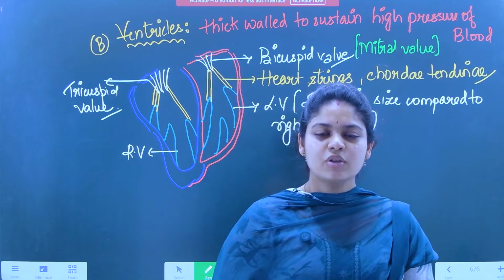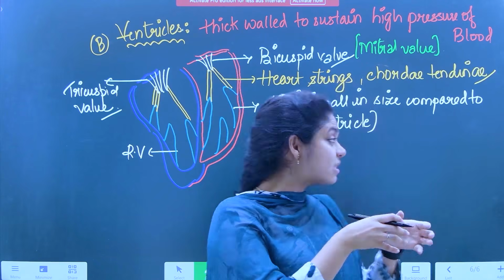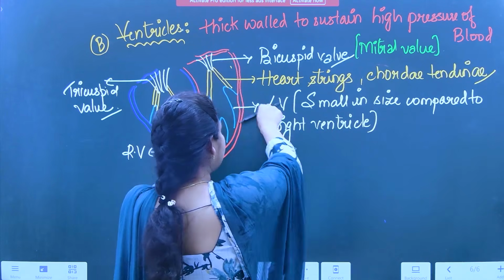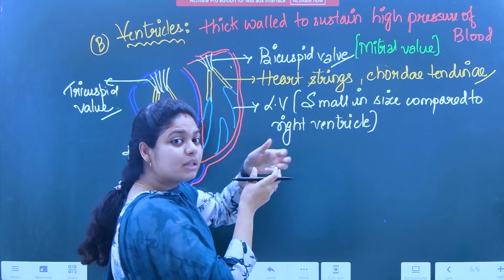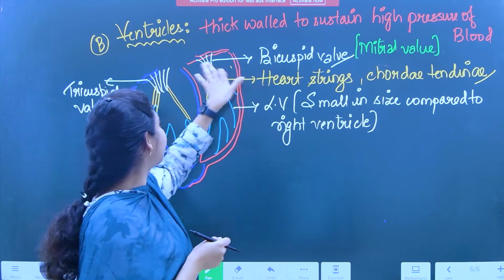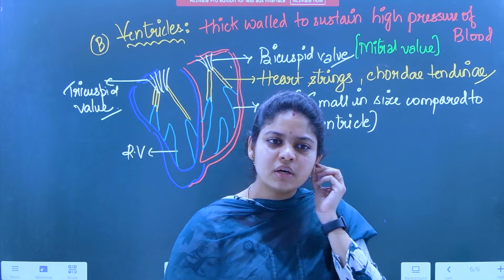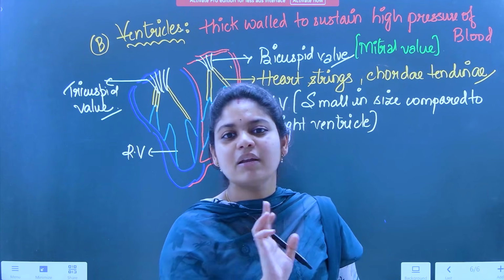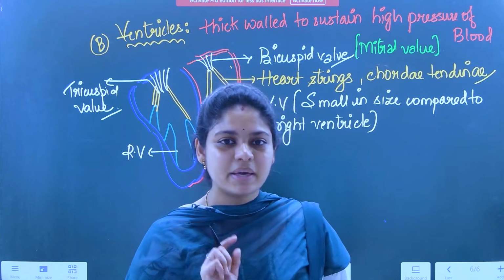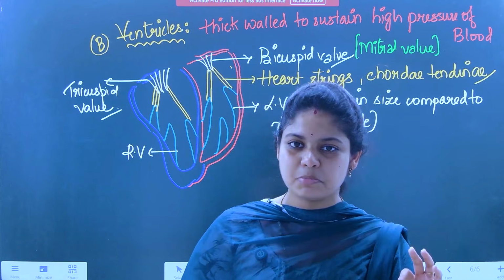Got it? So what is the function of the heart strings? They help in pulling and pushing back, that is, opening and closing of the AV valves. The tricuspid valve does not have another name, only the bicuspid valve has another name, that is the mitral valve.